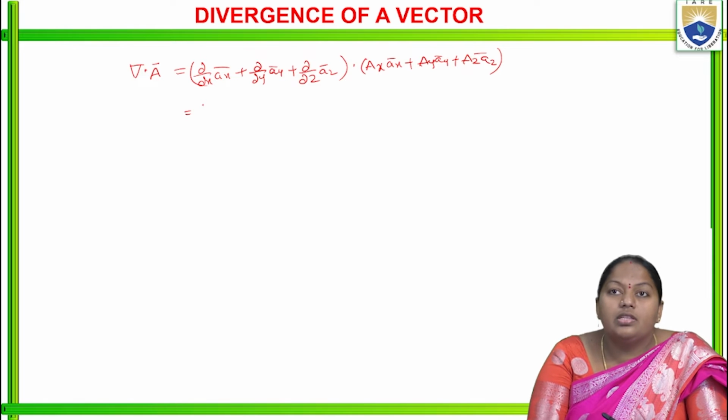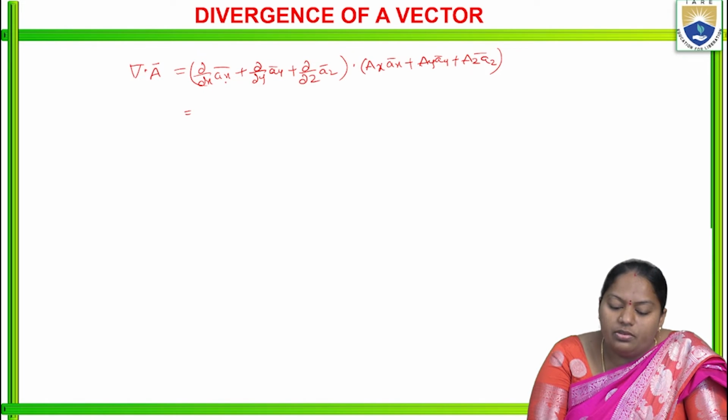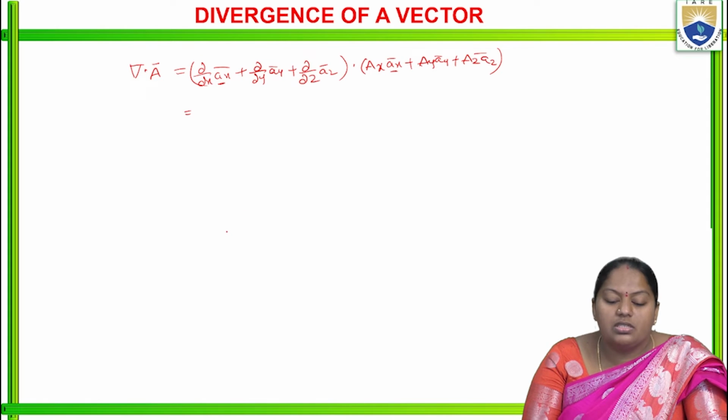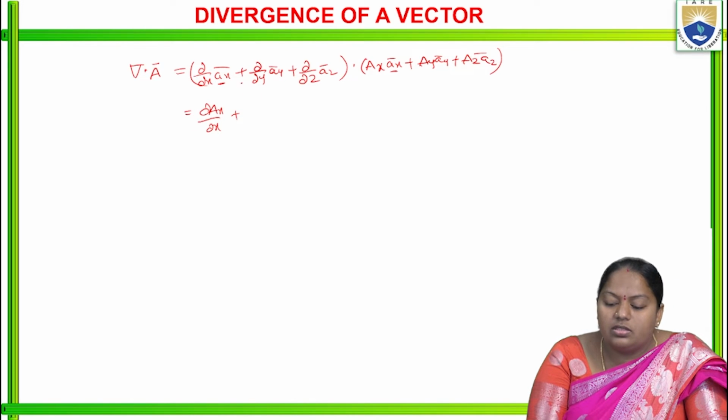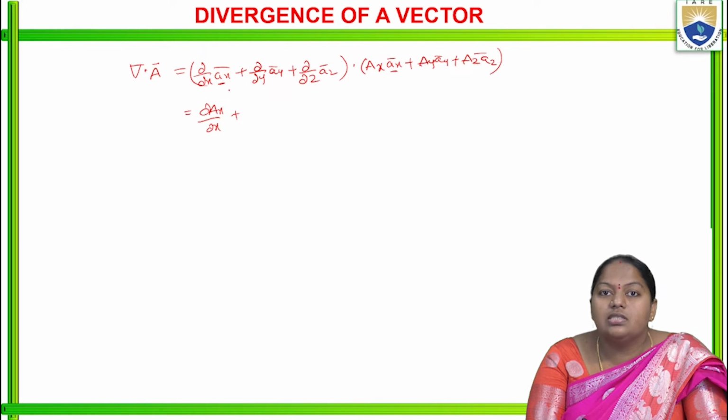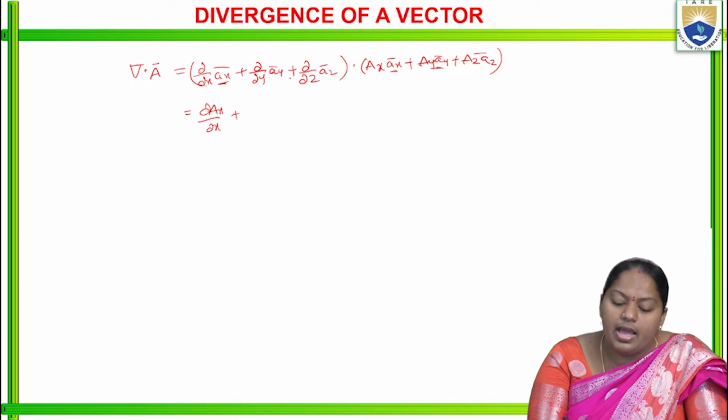So upon simplifying these two, dou by dou x of ax means the dot product of the same unit vector is 1. Depending upon that, we will write here dou Ax by dou x. The rest of the terms we need not consider, because the dot product of adjacent unit vectors results in 0. Hence ax with y and ax with z becomes 0.